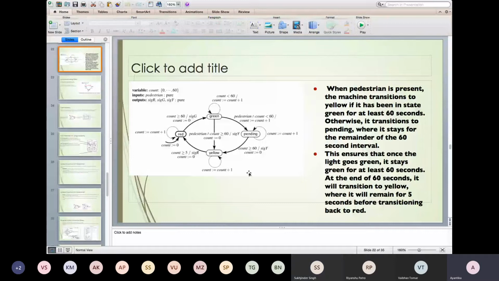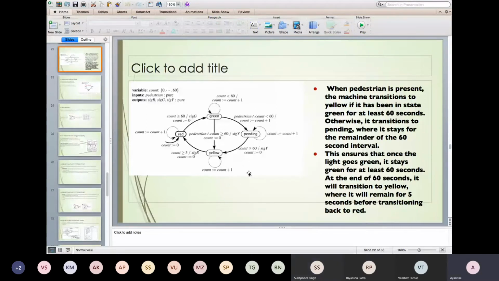See, these pendings are not always required. But what you have to ensure is that when green is making a transition, you can think of the pending state as some state associated with just the green state, right? Because you can handle the count value in any way. It doesn't matter whether this count plus one is taking place inside the pending state, or it is increased just after the transition before going to the pending state.